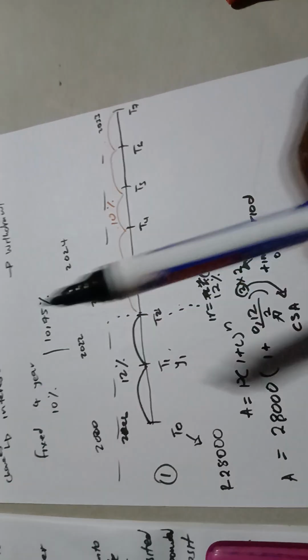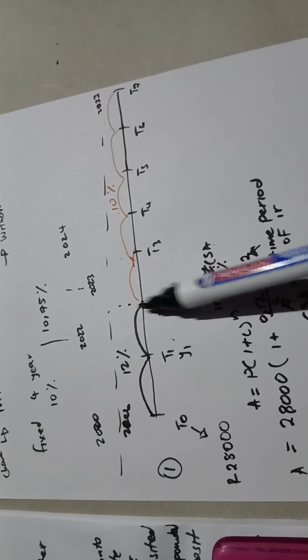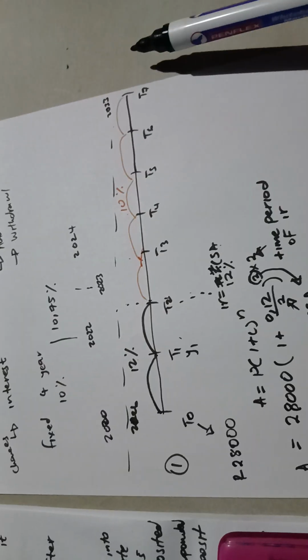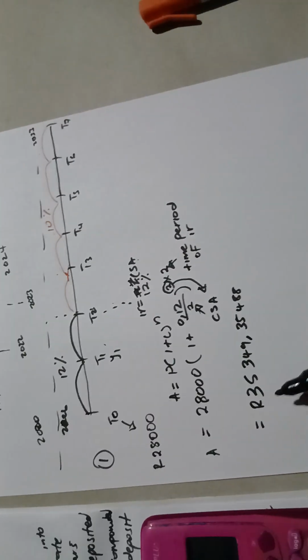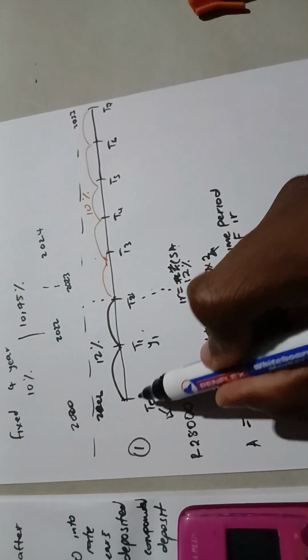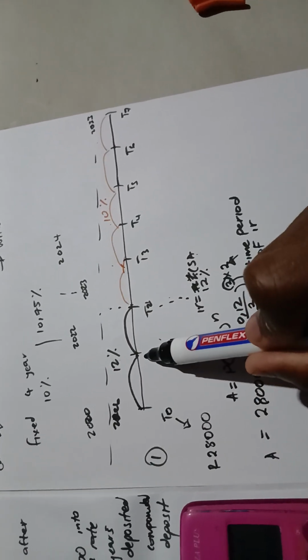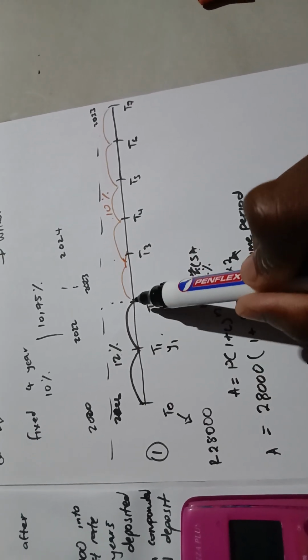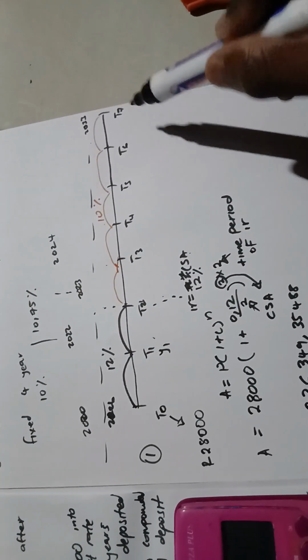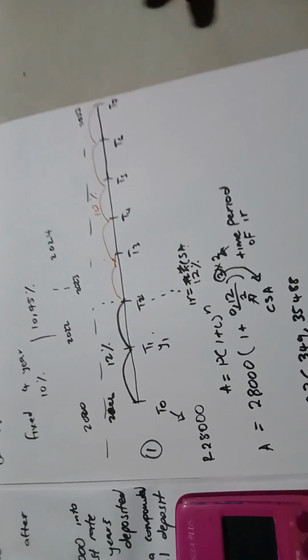So whenever you are calculating the accumulated value for the rest of this period, the new value will be this one. Let's say probably it was maybe 33,000 here, then it grew to 35,000 here, then it will go to something, then boom, up until it reaches the final year.